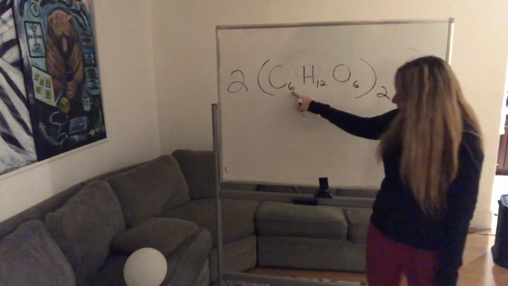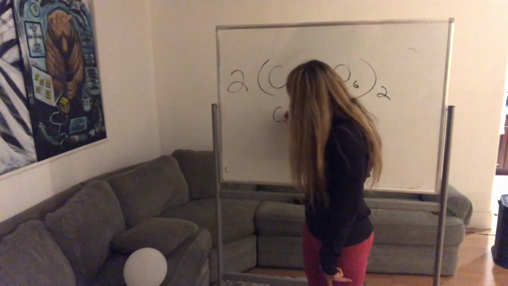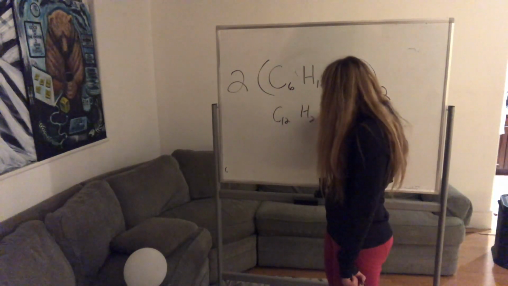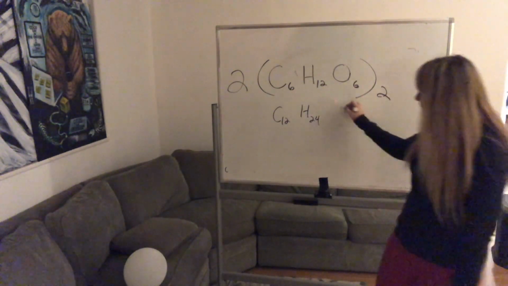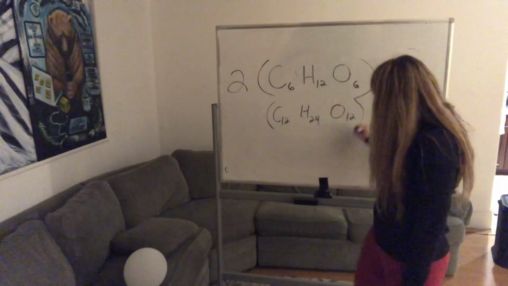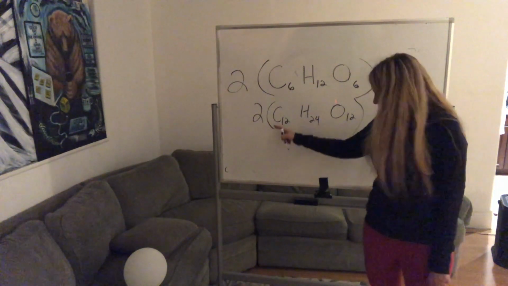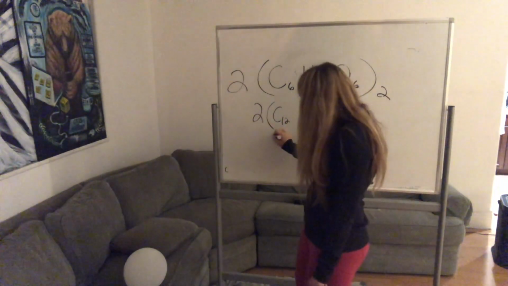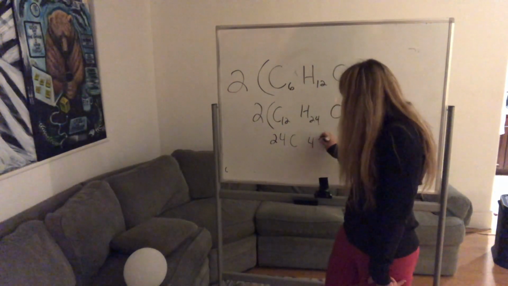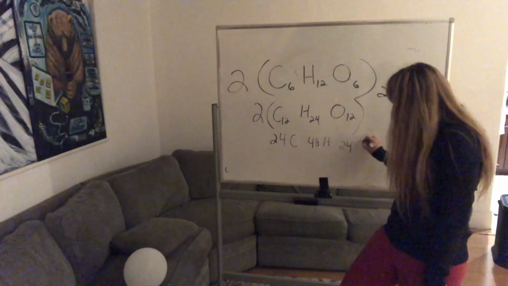So 2 times 6, 12. 2 times 12, 24 hydrogen. 2 times 6, 12 oxygen. And then we're going to multiply everything in there by 2. So 2 times 12, in this case now we have 24 atoms of carbon, 48 atoms of hydrogen, and 24 atoms of oxygen.